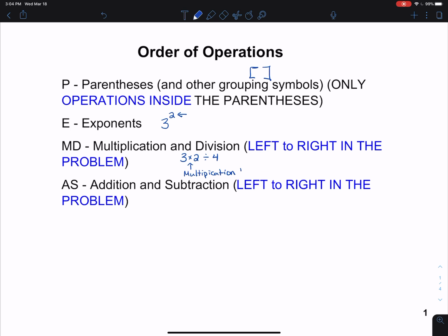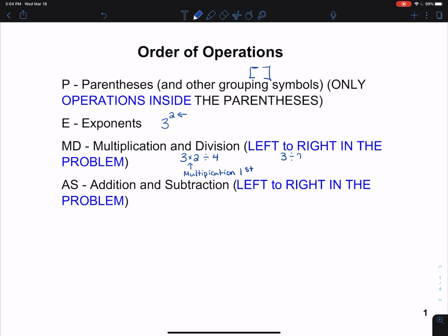But if we had an example that looked like 3 divided by 2 times 4, we would do division first in this problem. Whichever one comes first in the problem in that multiplication and division step gets done first.